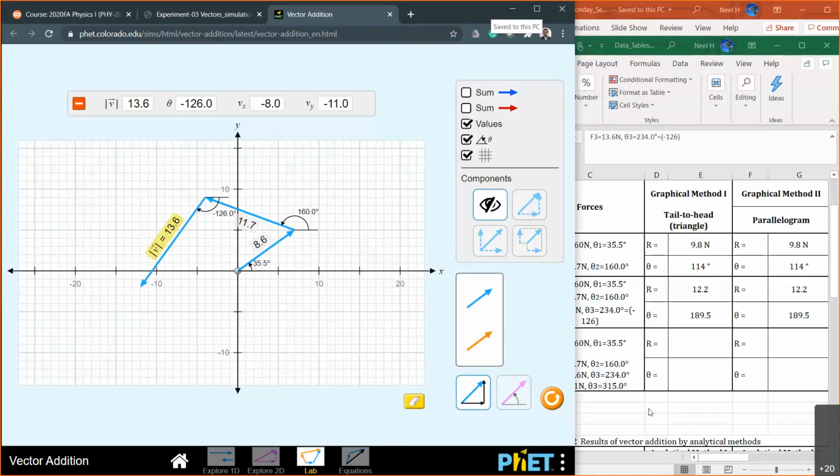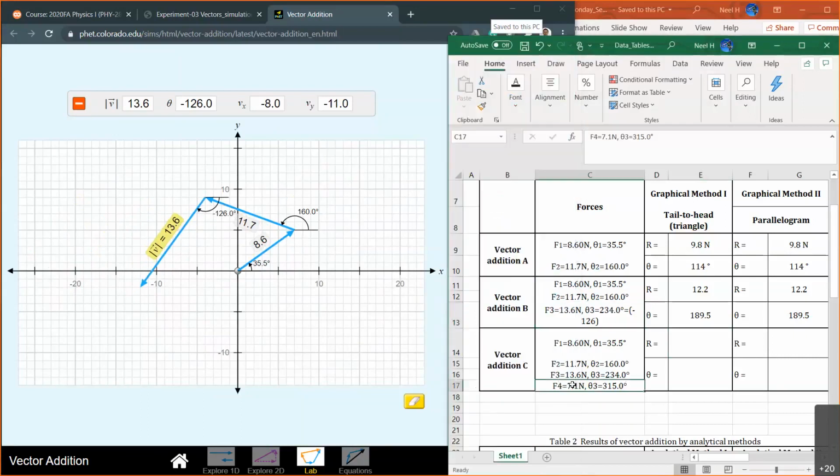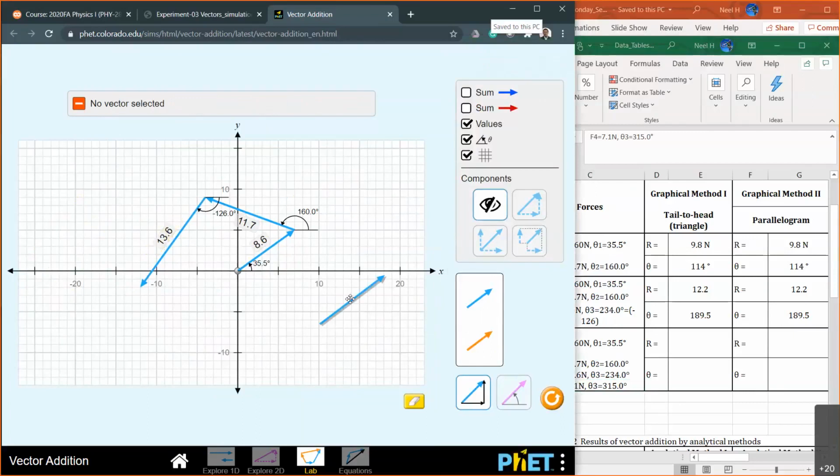Vector number 1, vector number 2, vector number 3. Now we have a fourth vector, right? The fourth vector is 7.1, 315 positive. So let's take a look. Now this vector, 315, should be in the fourth quadrant, should look like that. The vector should start from the end of the third vector and then go towards the fourth quadrant.